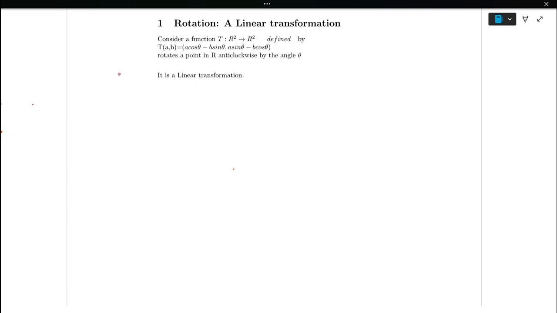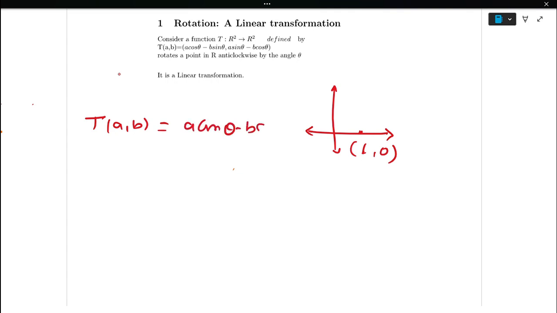In this lecture, we will discuss a linear transformation, which is rotation. If we take a point on the x-axis, let's assume (1, 0), and take a linear transformation T(a, b) = (a cos theta minus b sin theta, a sin theta plus b cos theta).